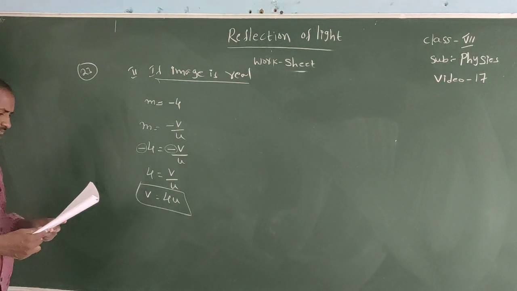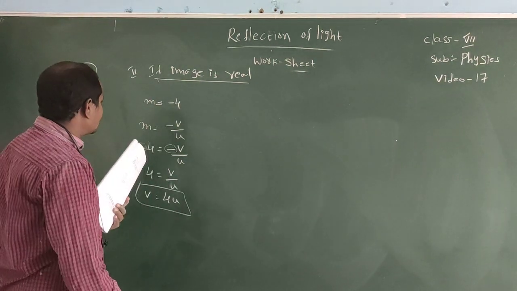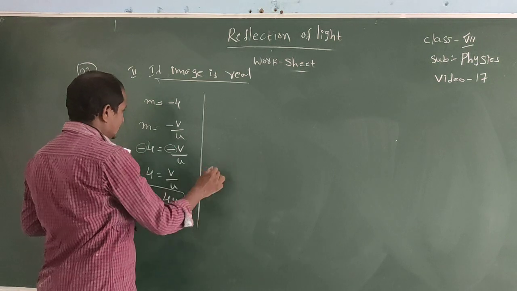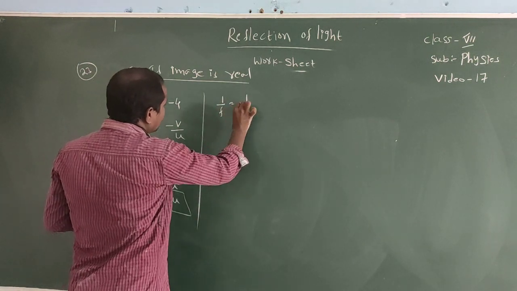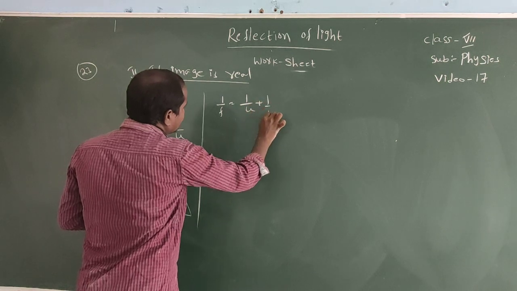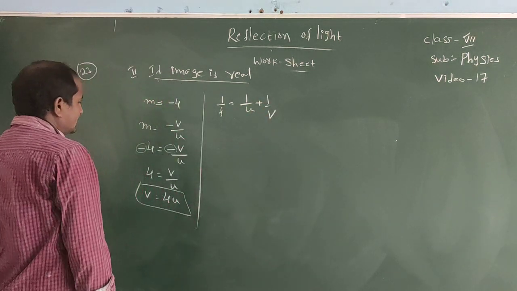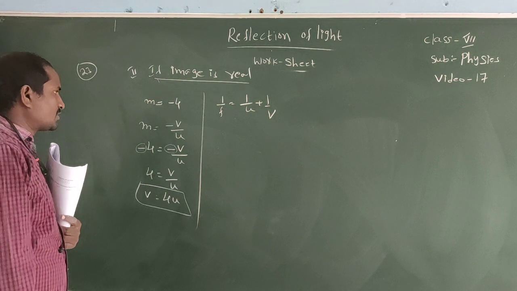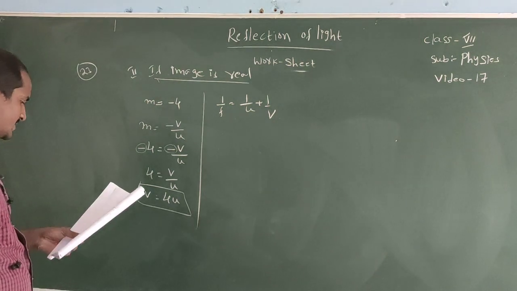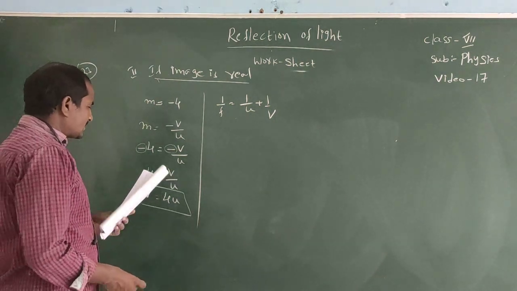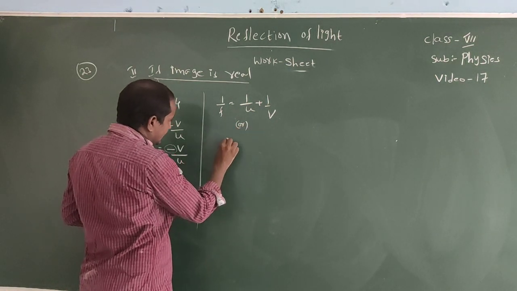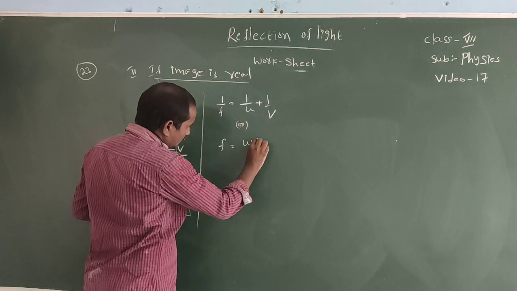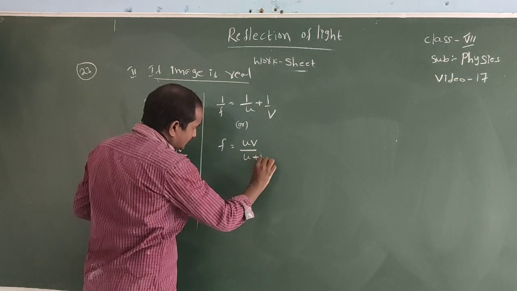Now, 1 by f equals 1 by u plus 1 by v, or f equals uv by u plus v, as you wish. Okay, from this we can write f equals uv by u plus v.